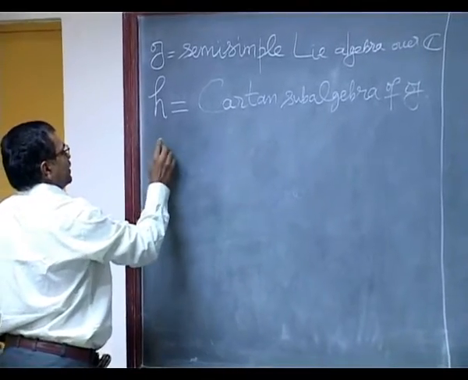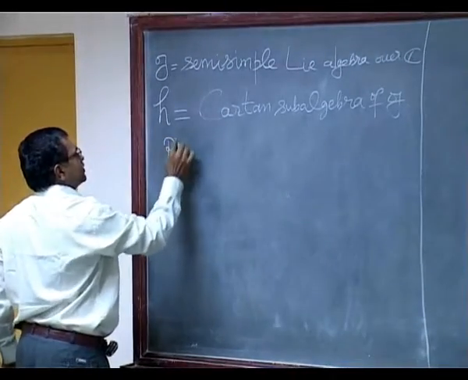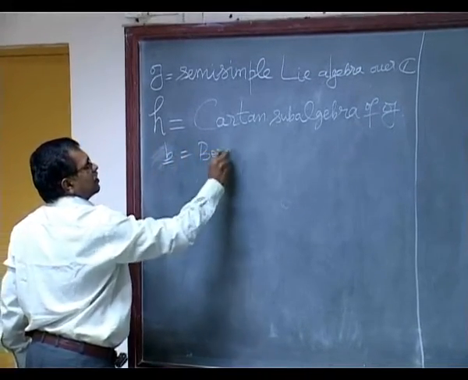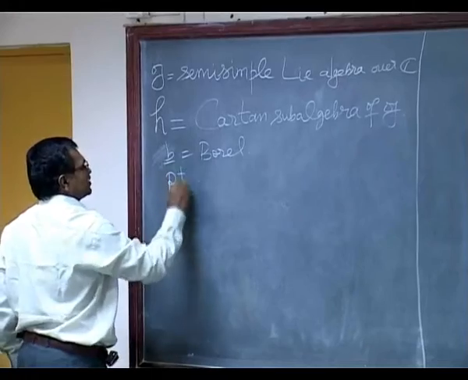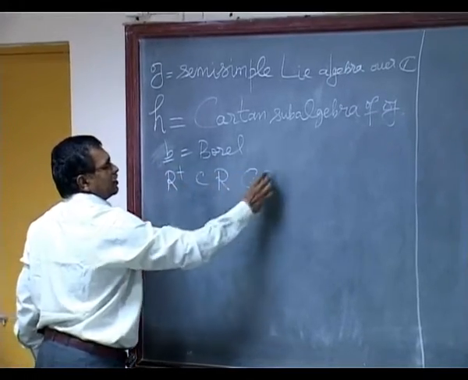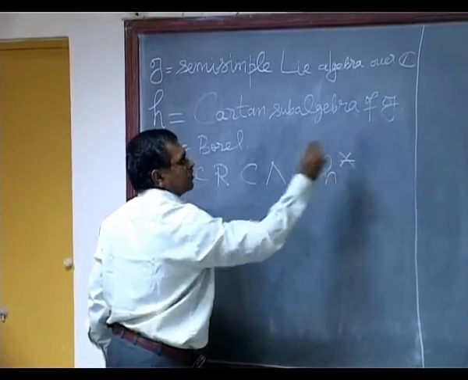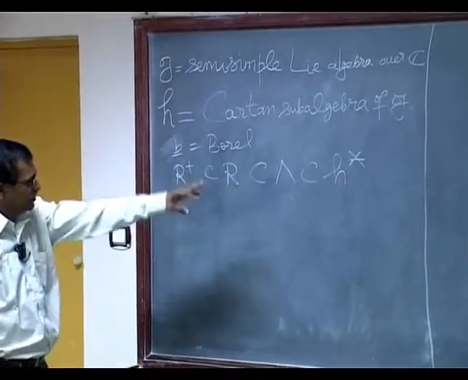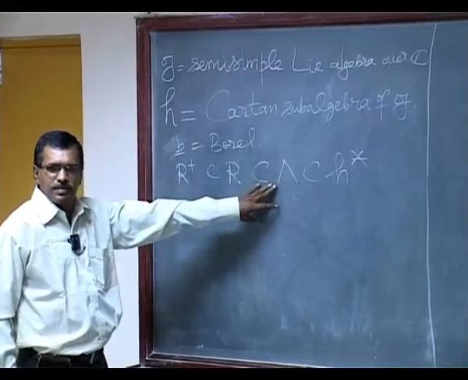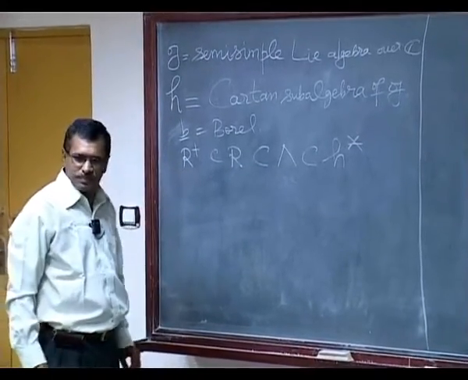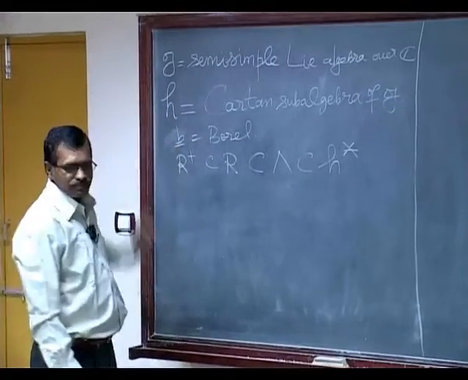Then you have the positive roots, of course, the Borel, and H. We have the linear forms H star, the integral weight lattice, and then the root system and the positive roots, of course, with respect to B and H.